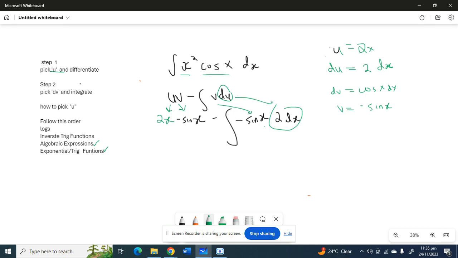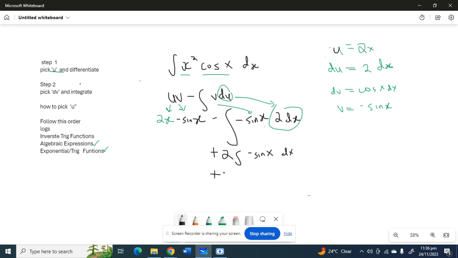All right, so the next thing that we need to do, we need to integrate 2x sine x. So what we can do is we bring this 2 in front of the integral sign, and we have the integral of x sine x dx.